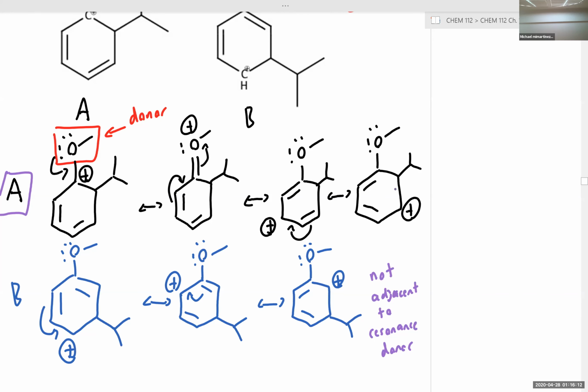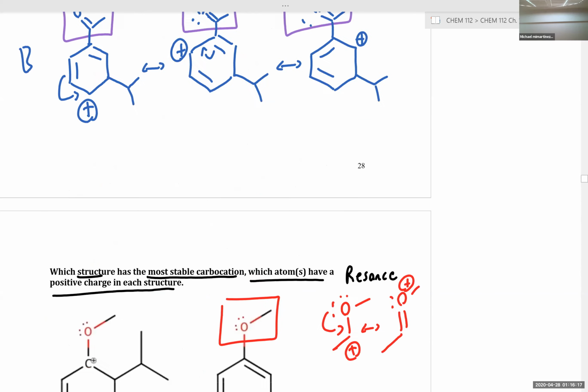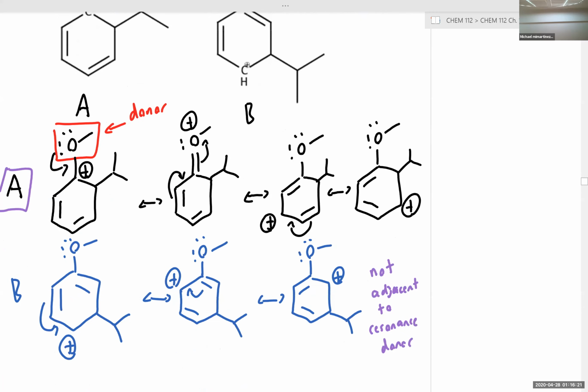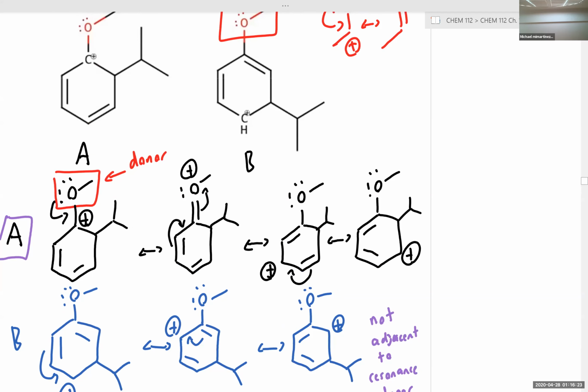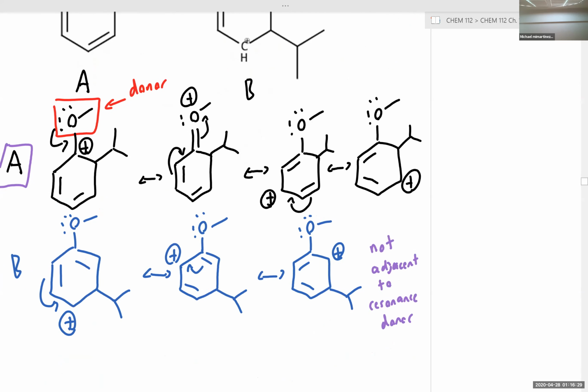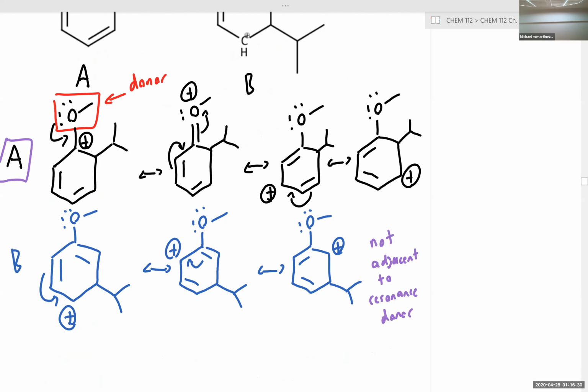Any questions on this idea? The only thing that I changed between these two examples is we went from a resonance withdrawer in the previous example to, in this example, a resonance donor. So just keep that in mind when assessing carbocation stability.